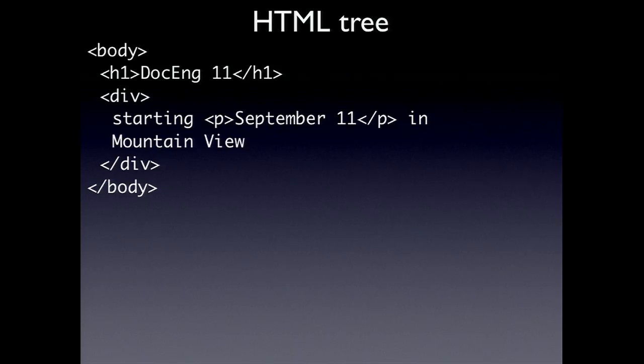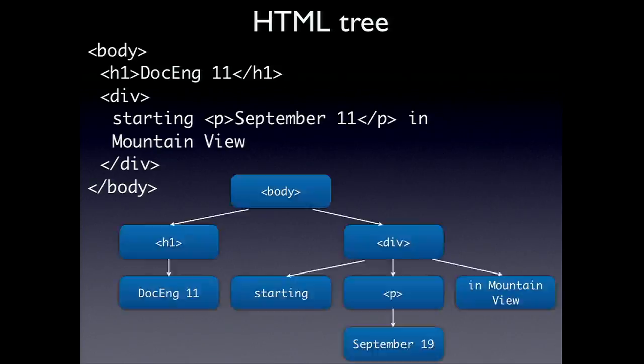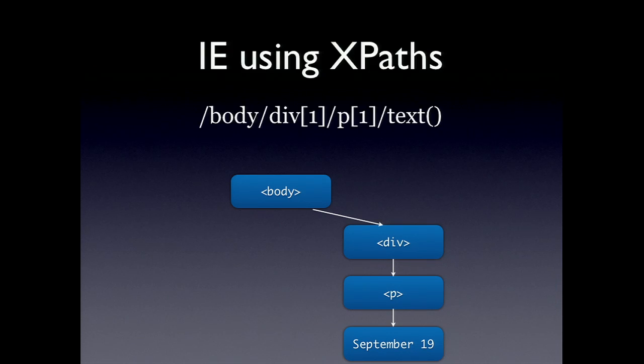So if we look at some snippet of an HTML tree, obviously it's a tree. And what information extraction does right now is it works on XPaths like this. So if you want to drill down to some particular element on some web page, you have to construct paths like this.